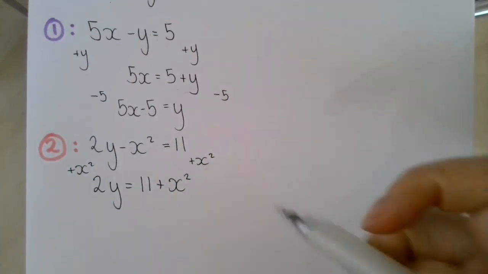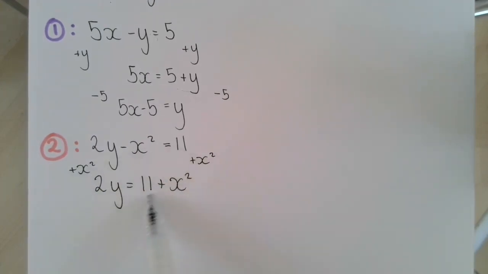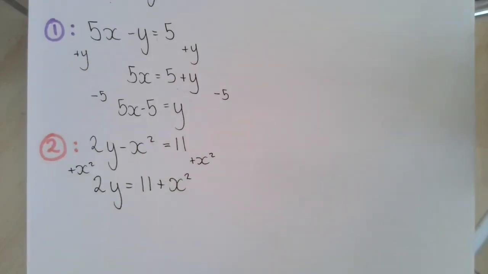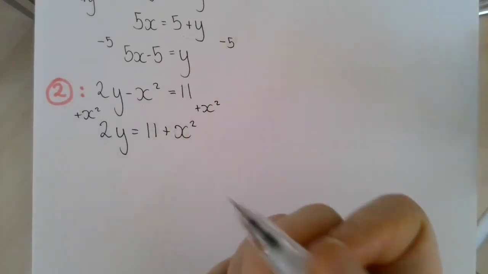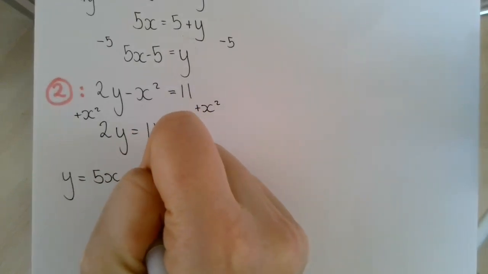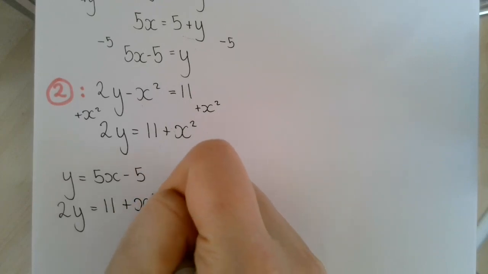Now we could then divide everything by 2 to get y equals 11 over 2 plus x squared over 2, but I'm actually going to just leave it like this. At the end, if you want to go through this process again, but dividing this equation by 2, you will see that you can get the exact same solutions as I will. So we've got the equations y equals 5x subtract 5 and 2y equals 11 plus x squared.